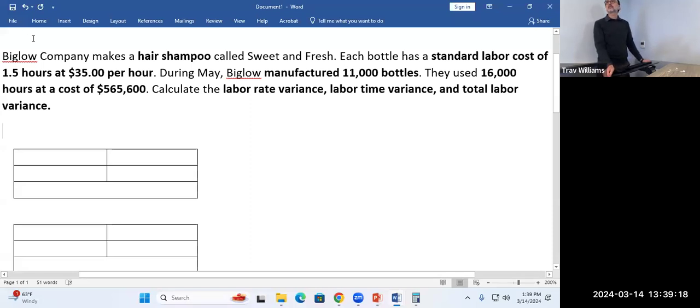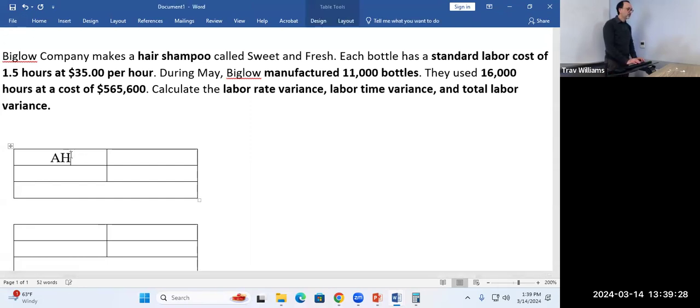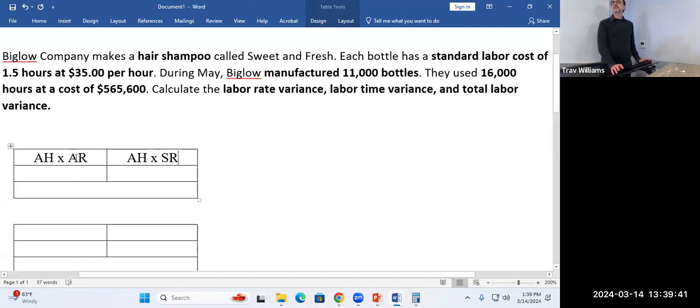Formula for rate variance for labor. Actual hours worked and the rate per hour. The actual hours times actual rate minus actual hours times standard rate, right? That's our rate variance for labor.